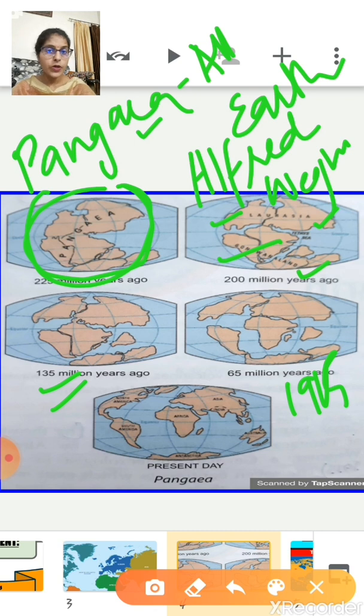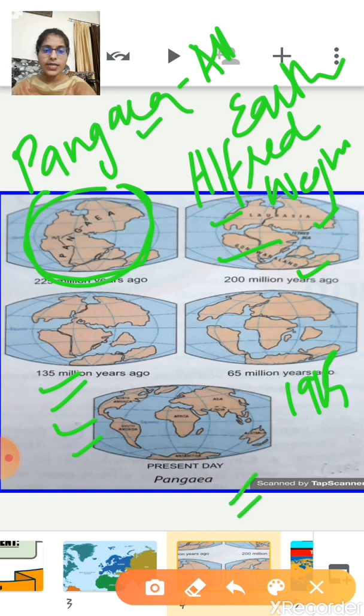So basically all these 7 continents which exist now have come into their present shapes over millions of years, as shown in this figure.